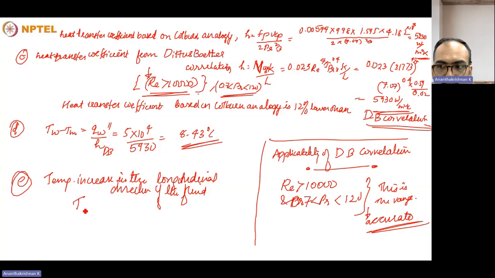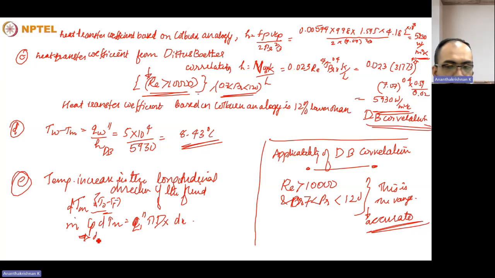So that is dT_m, T out minus T in. Based on the energy balance, we can determine it. m dot into Cp into dT_m is equal to the heat flux into pi into diameter into dx.